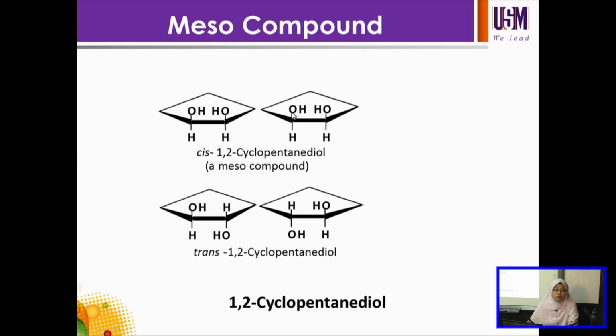The cis isomer is a mesocompound, while the trans isomers are a pair of enantiomers. And from here we have pairs of diastereomers, meaning that each enantiomer here is a diastereomer of the cis isomer.